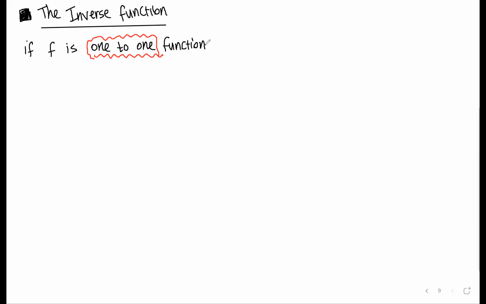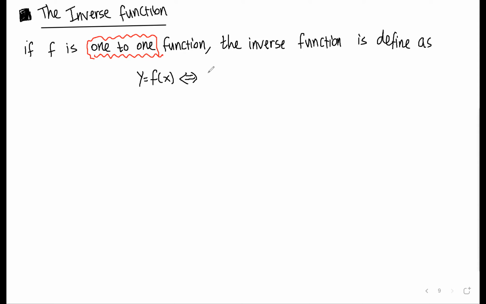So if f is a one-to-one function, the inverse function is defined as follows: y equal f of x, then f inverse of y equal x.